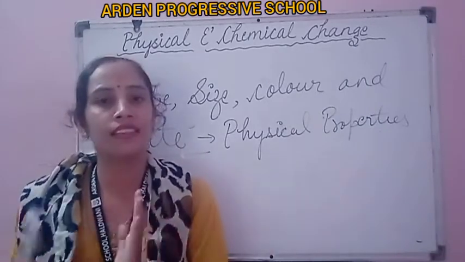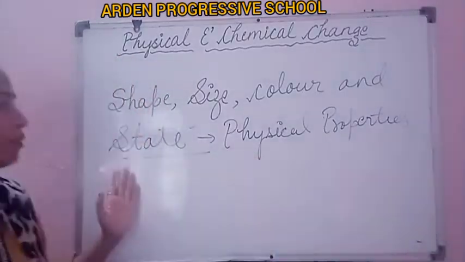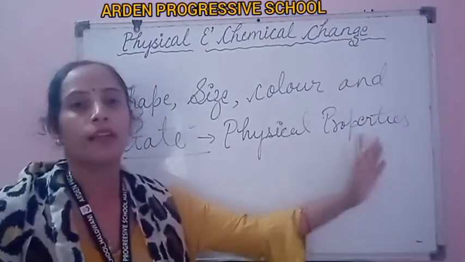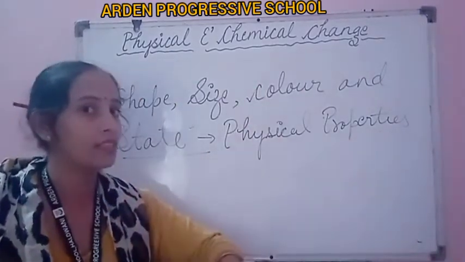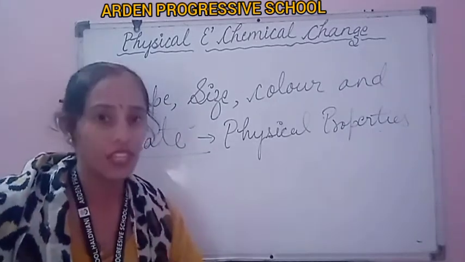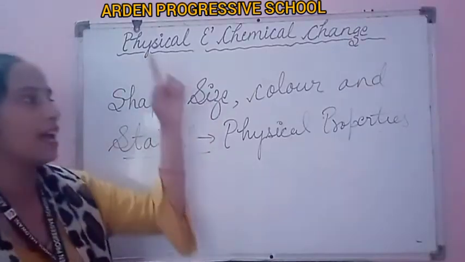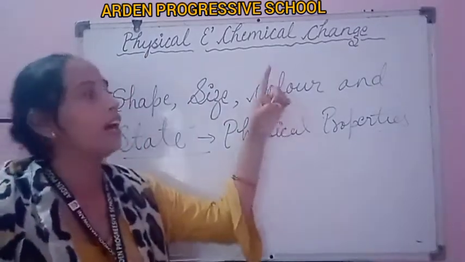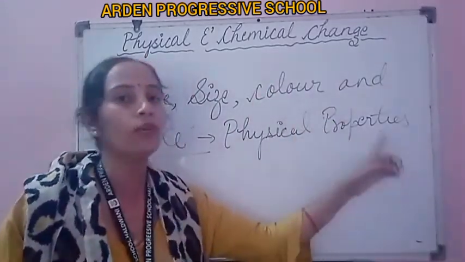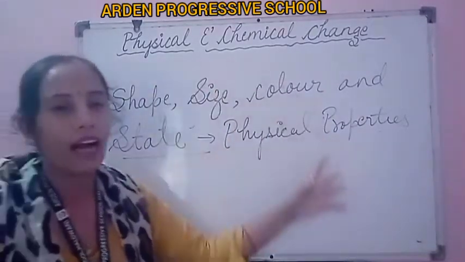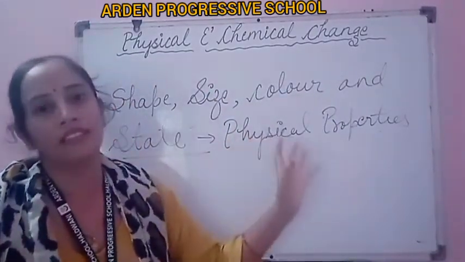So these are the changes in the state of the substance. So these all are the physical properties. So what is the physical change? When the changes take place in the shape of the object, in the size of the object, in the color of the object, and you can say in the state of the object. These all are the physical changes.